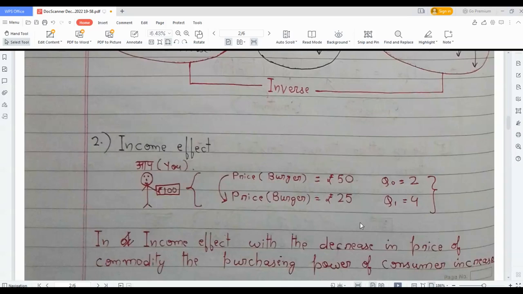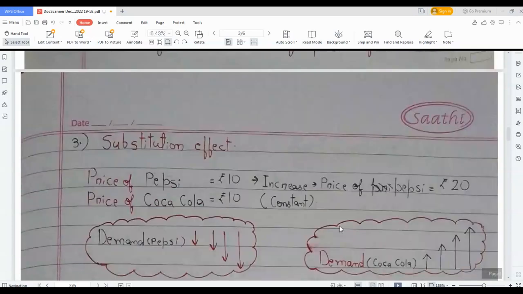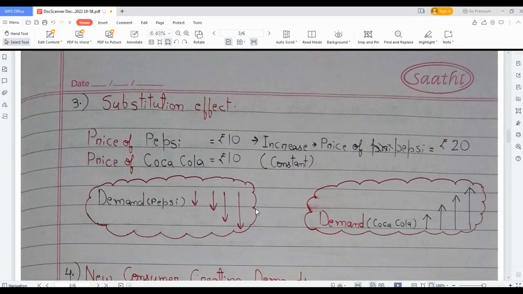Okay, now we will move towards the next, that is the substitution effect. Substitution effect means that the consumer can substitute towards the other alternative of that good if the price of this commodity increases and the price of the substitute good remains constant.